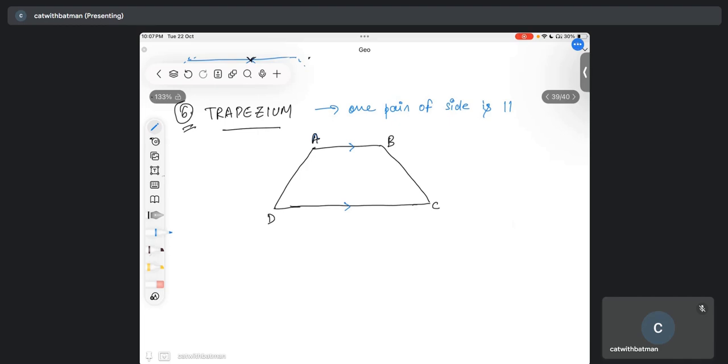Now, let's discuss some additional points based on some conditions.